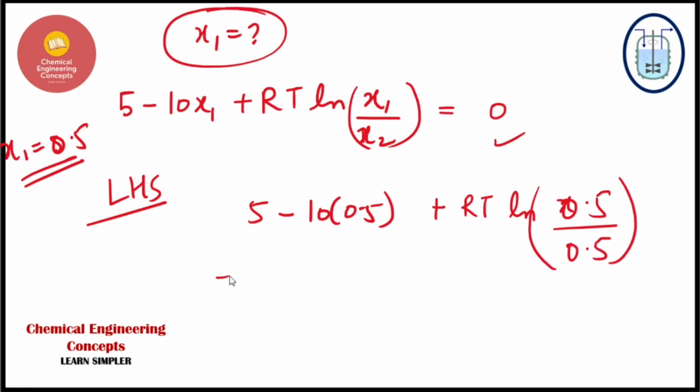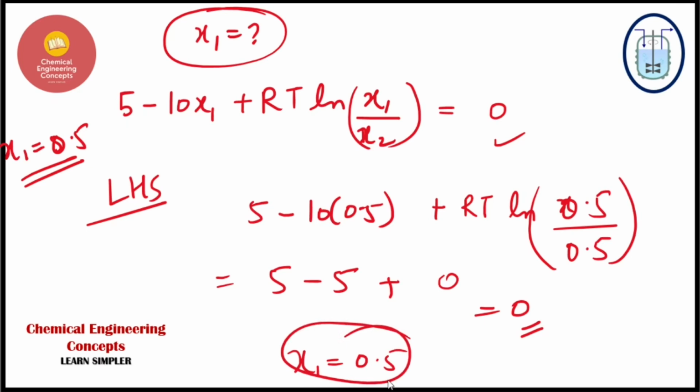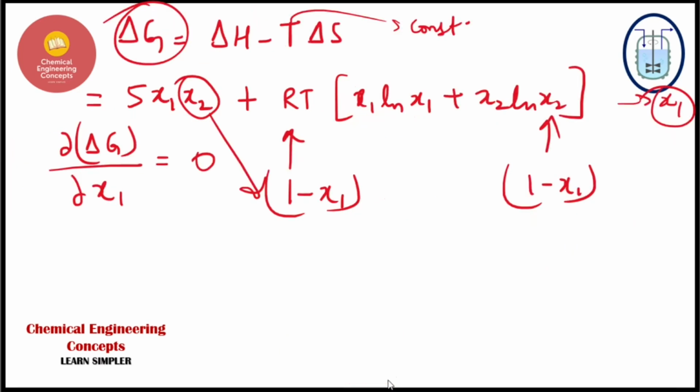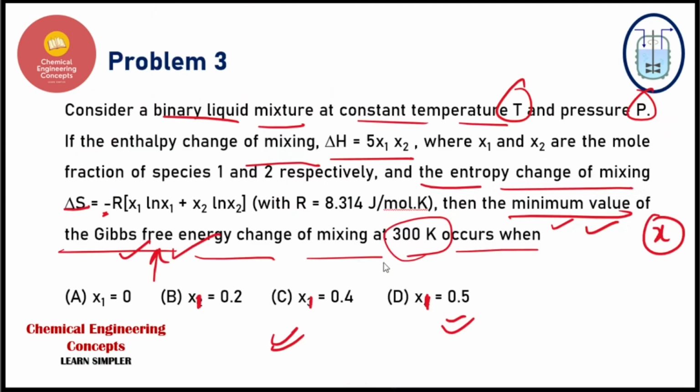And guys, you can see here 5 minus 5 plus ln 1 is 0, so it will come up to be 0. So for x1 equal to 0.5, the Gibbs free energy change of mixing is going to be minimum.